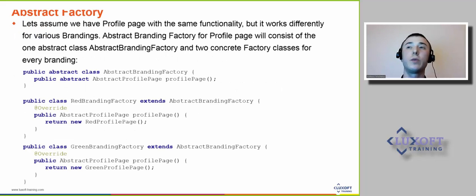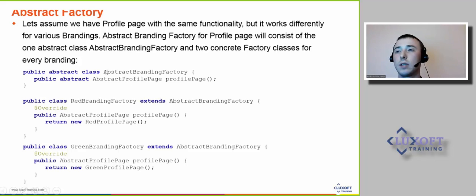Let's assume that we have a profile page with the same functionality, but it works differently for various branding. So in this case, the abstract branding factory for our profile page will consist of one abstract class, abstract branding factory, and two concrete factory classes for every branding.